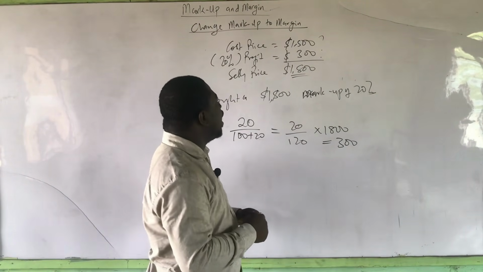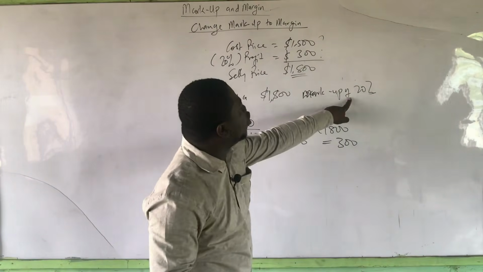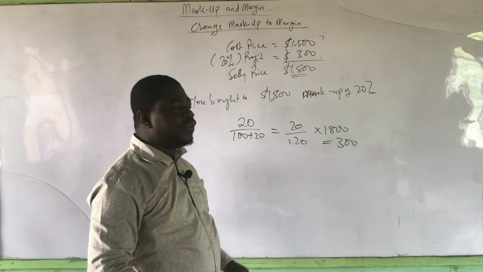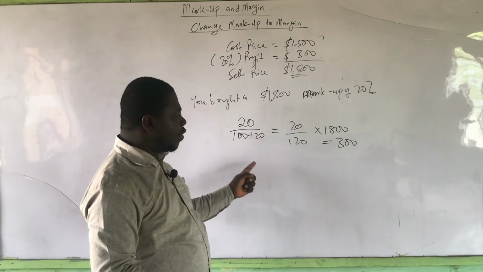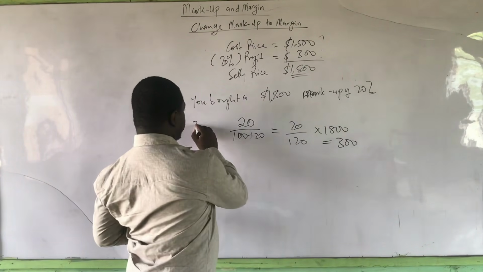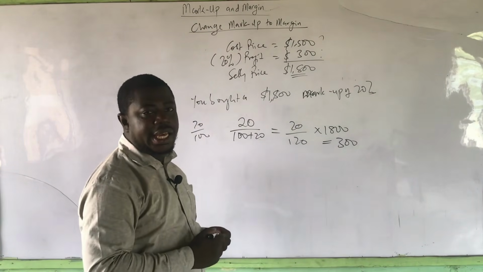The same way, if we were to apply the markup on its right, markup should be applied on the cost. So now the margin is now 20 over 120. That is the margin now. You have changed the 20 over 100 to 20 over 120. So 20 over 100 is the markup, which is 20%. 20 over 120 is the margin.